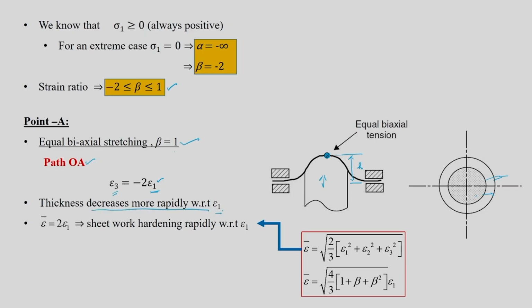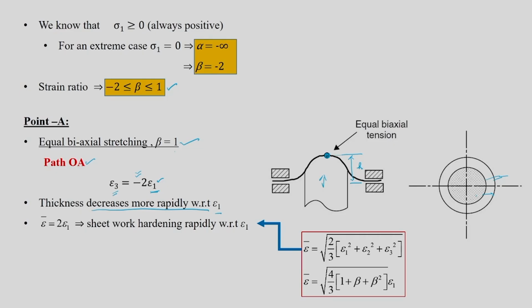Epsilon 1 in that location you can get from D0, D1, D2, but for a particular epsilon 1, if that element is actually stretching like this, then thickness decreases more rapidly as per this equation, twice.